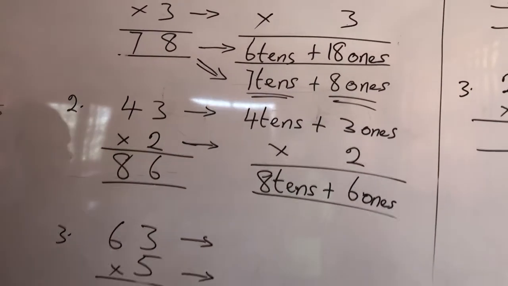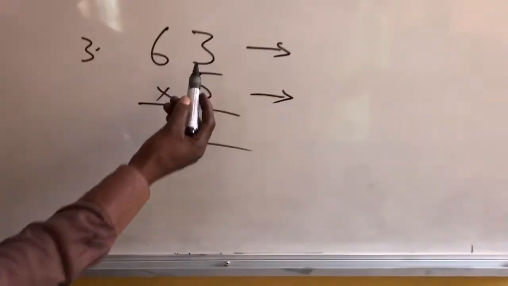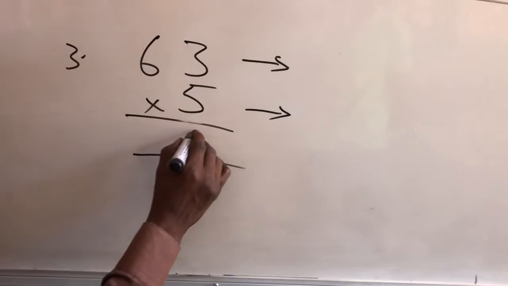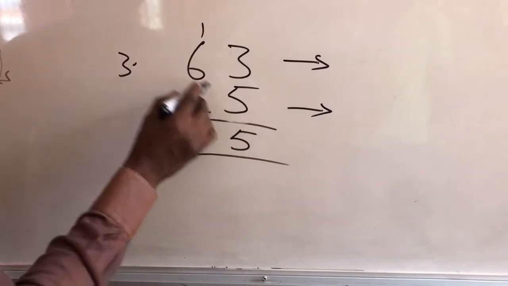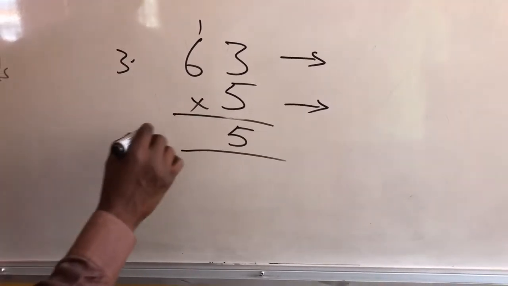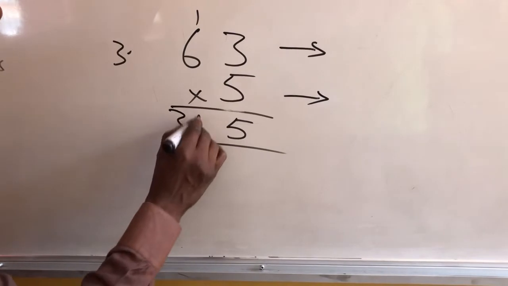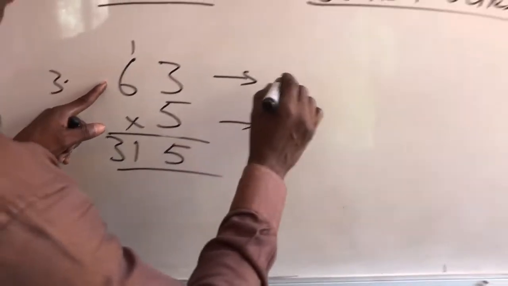Let's look at question 3. 5 times 3 is 15. You write 5, carry 1. 5 times 6 is 30. 30 plus 1, write 31. Now expand this. Regrouping.